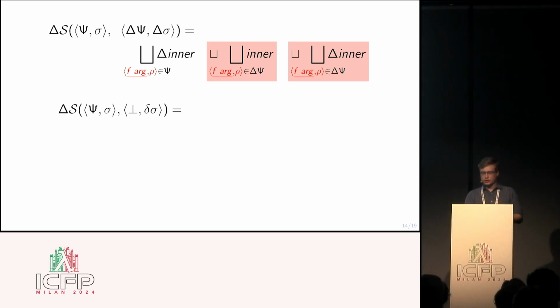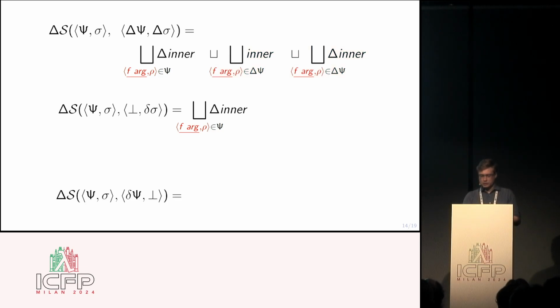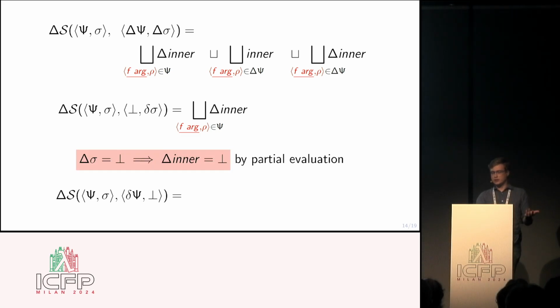So for store changes, when the delta configuration set is empty, as in this specialization, what happens is these final two big joins zero out because the set that they're looping over is empty. So we're just left with the left big join. And for the other specialization, when the store is empty, what I said before is that the delta inner term zeroes out, and you can see that by partial evaluation.